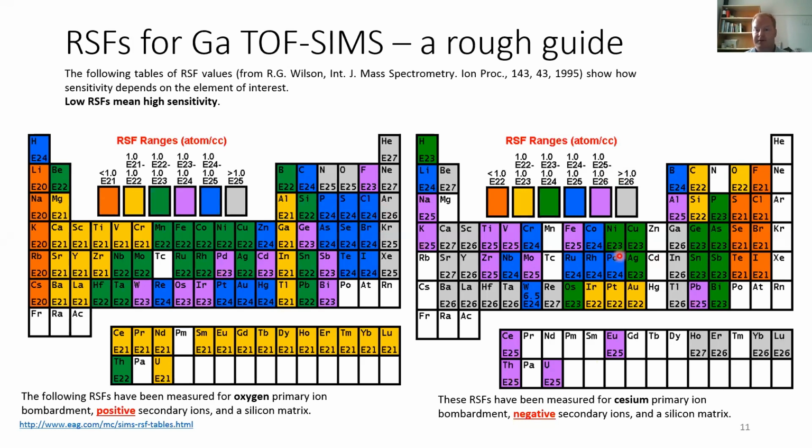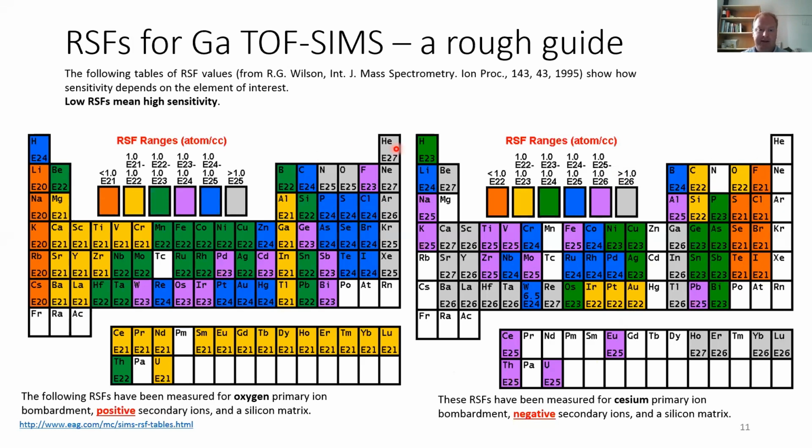Conversely, with the negative ions, our halogens, our carbon, oxygen, and some of our heavier metals are higher sensitivity in the negative mode. And so that's kind of a ballpark reference.